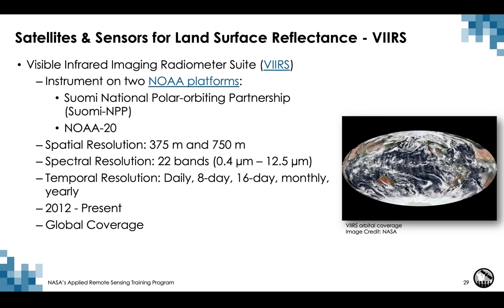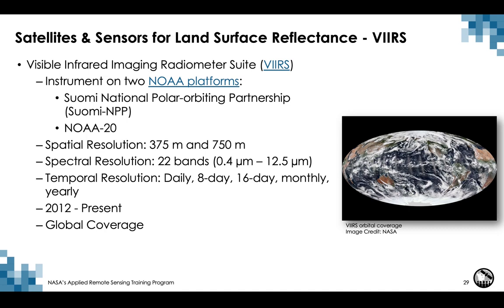VIIRS observes the entire Earth's surface twice each day. The 3,000 kilometer swath width of the VIIRS instrument, which is 710 kilometers greater than that of MODIS, allows for no gaps in coverage, which are observed in MODIS near the equator.